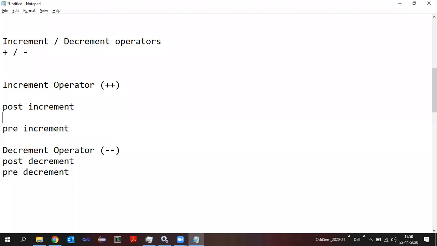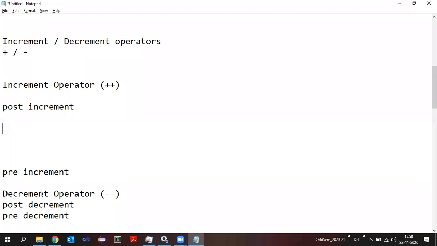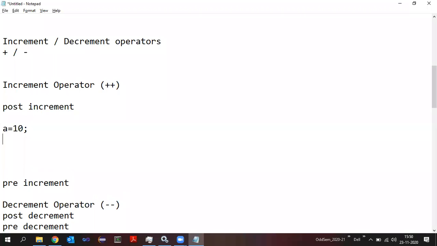Okay, now to understand this one, we need to understand a few more concepts here. Let's take an example. a = 10. Now if I write a printf statement, printf("%d", a); now tell me what is the output of this one?